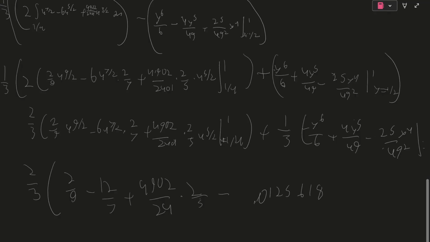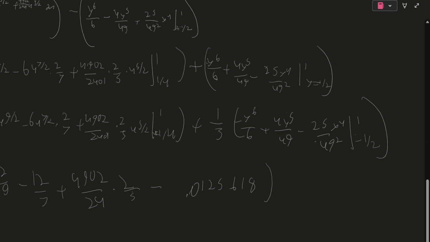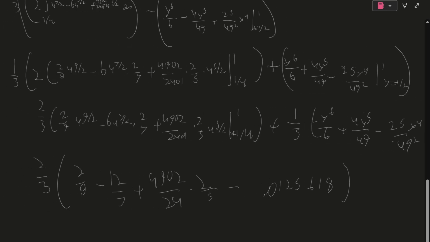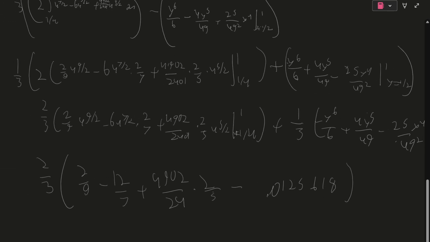Alright. And so that does give us a little bit of a rounding error, but we just want to have our answer to the third decimal place. So as long as we include enough significant digits, we will be fine. Alright.